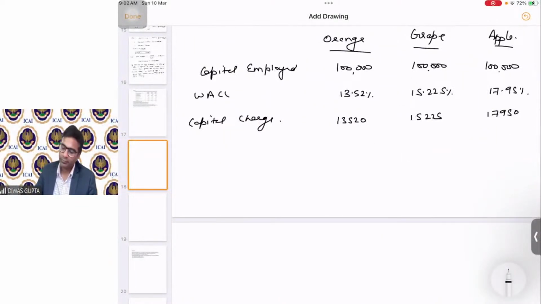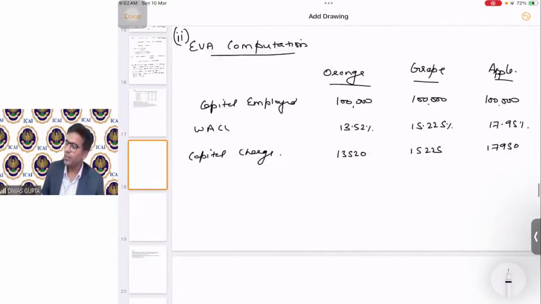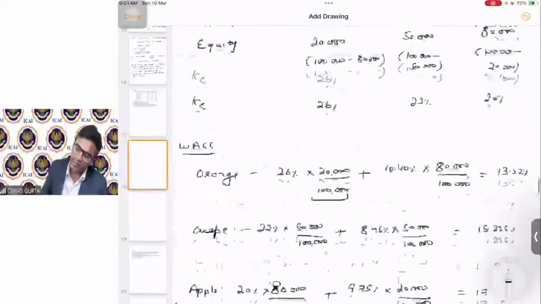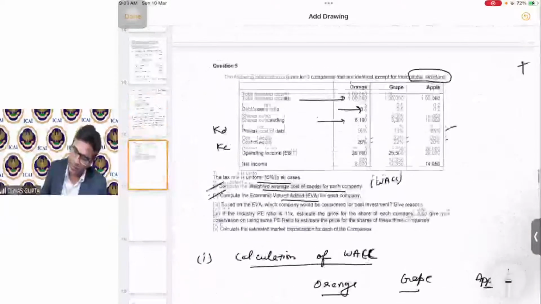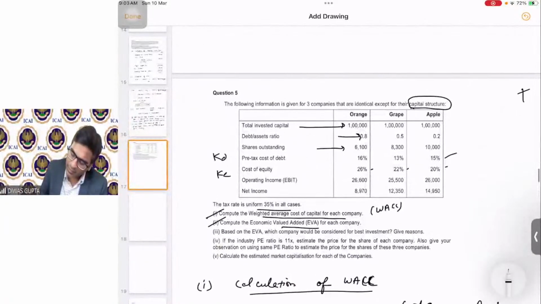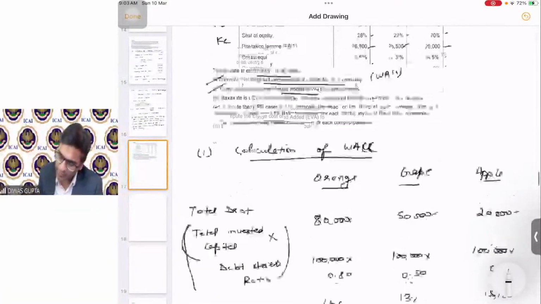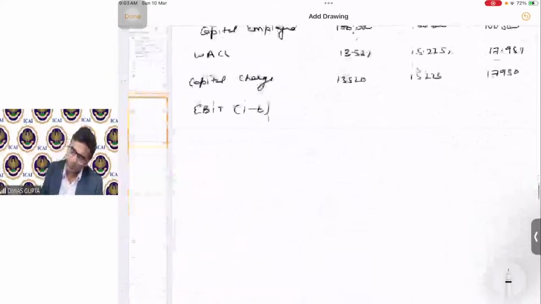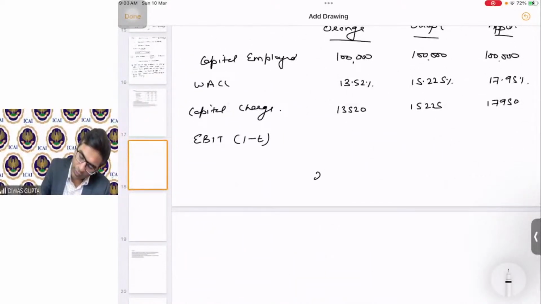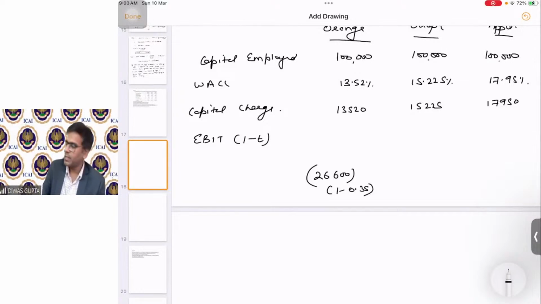Now, capital charge we have computed. We have to compute EBIT (1 minus tax rate). What is the EBIT (1 minus tax rate) here, students? EBIT is this, and from this we have to reduce the tax rate, 26,600. So 26,600 times (1 minus 35%), right?